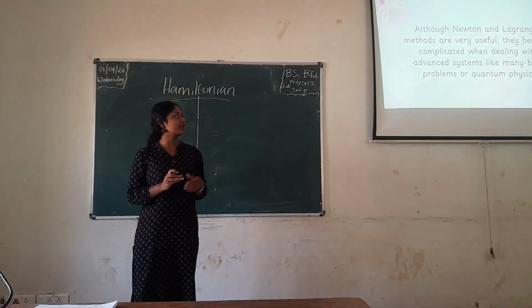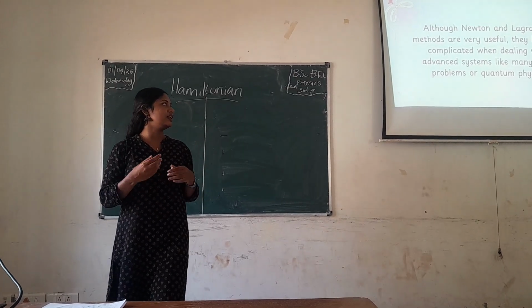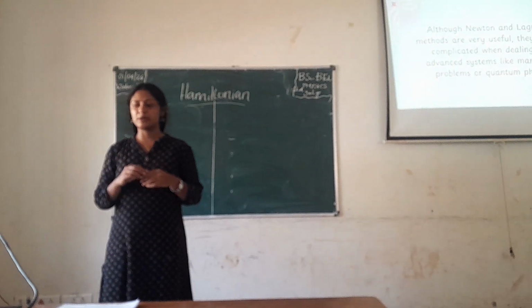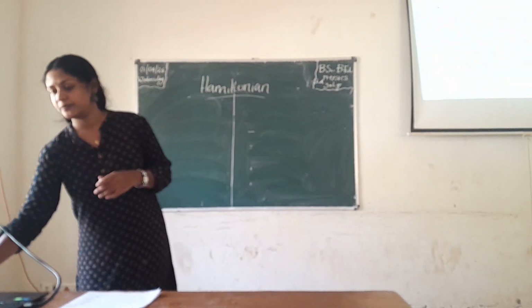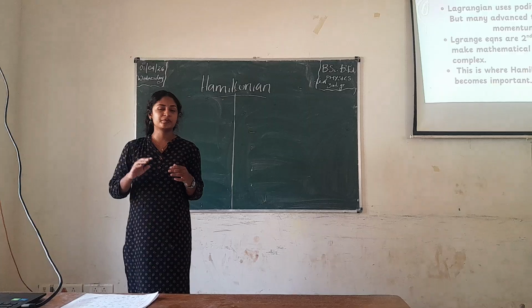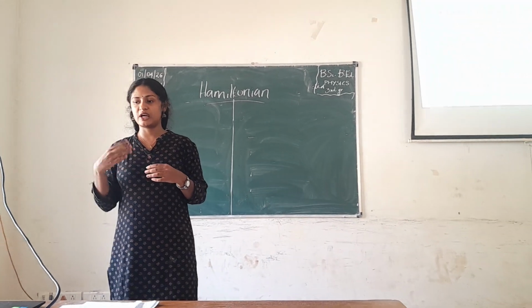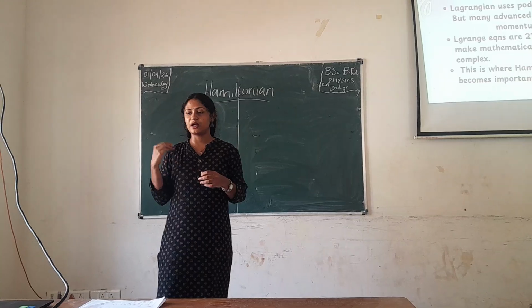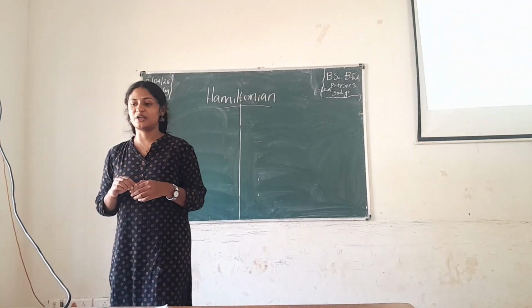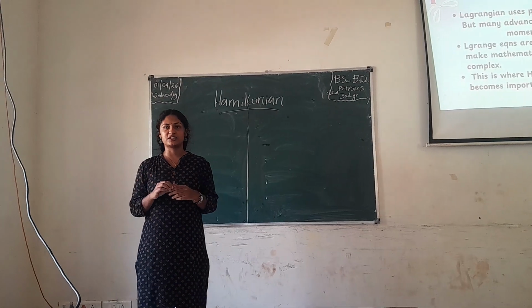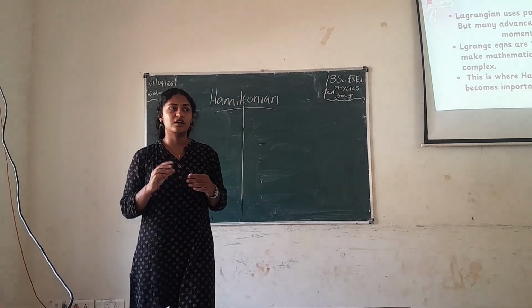Okay, the Newton and Lagrange methods are very useful, but they are complicated when dealing with many body problems or quantum physics. Also, Lagrange uses position and velocity, while many advanced theories require momentum. And the Lagrange equations are second order equations, so they are very complex to solve.